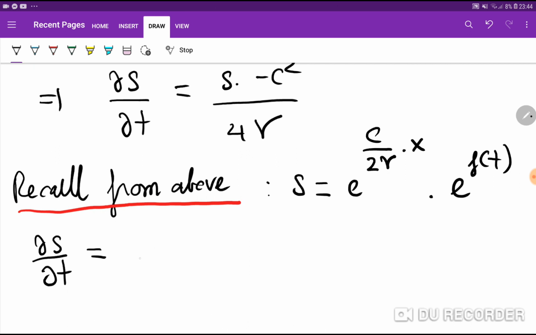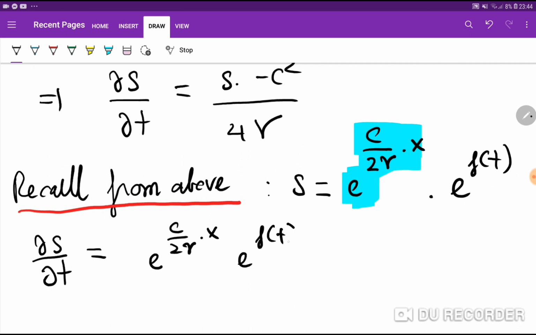It is e to the power of c over 2 mu times x. Remember, when you take your partial derivative in t, everything related to x is a constant, so I treat the term highlighted in blue as a constant. And the derivative of e to the power f of t is just e to the power f of t times f prime of t.